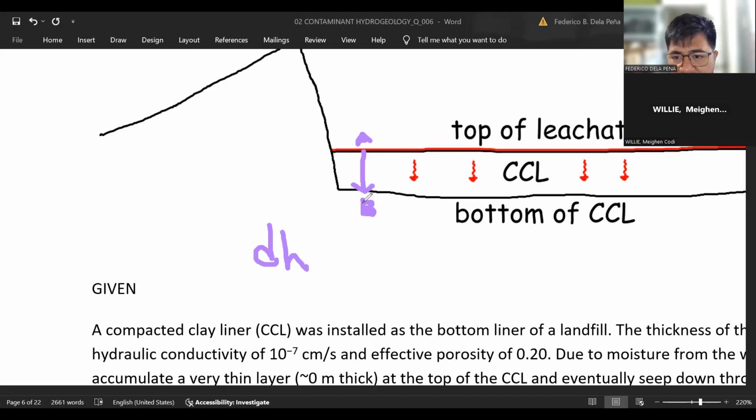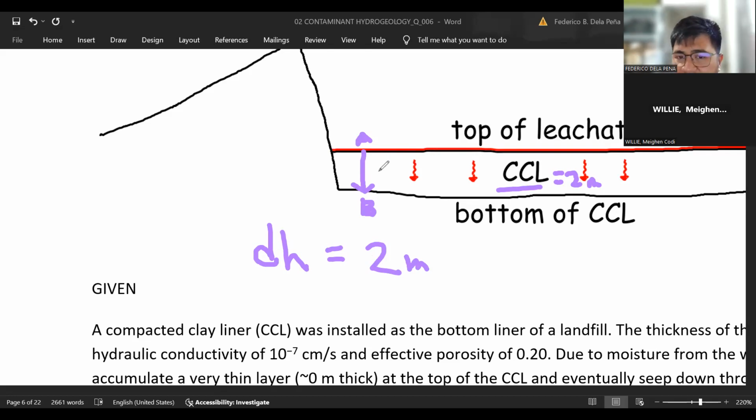We don't know the exact elevations of point A and point B, but we know the difference in their elevations because we know the thickness of the CCL is 2 meters. Therefore, we can conclude that the head loss is 2 meters. That's the change in the hydraulic head.